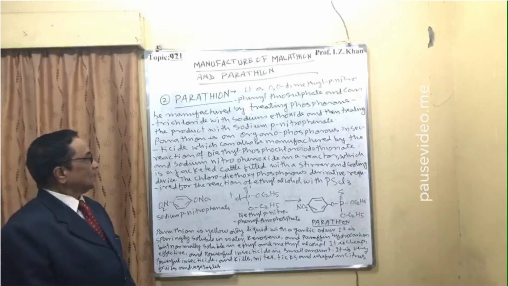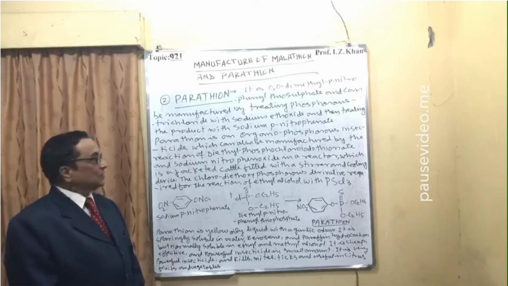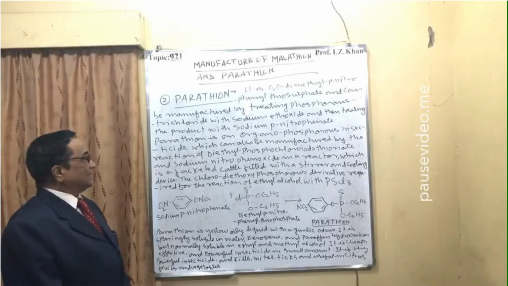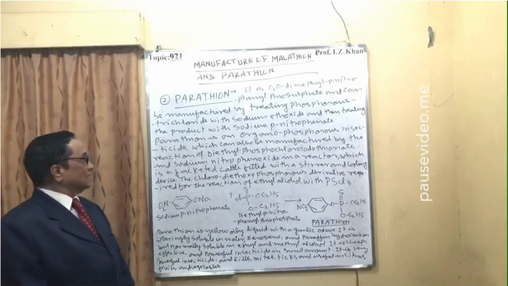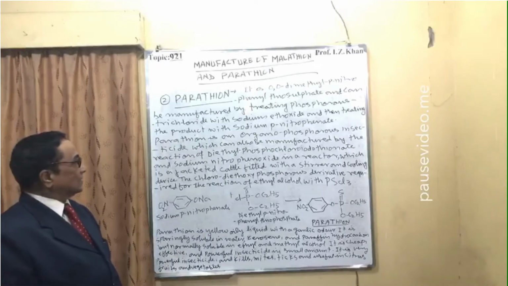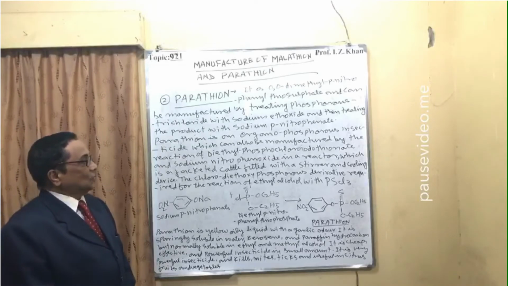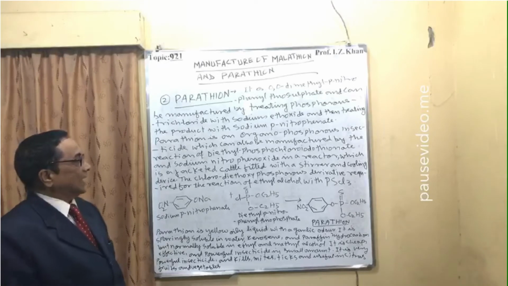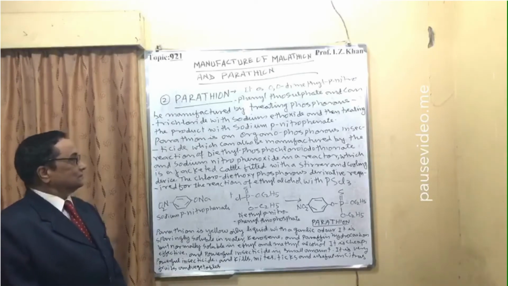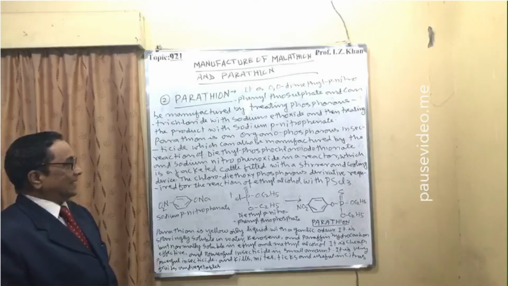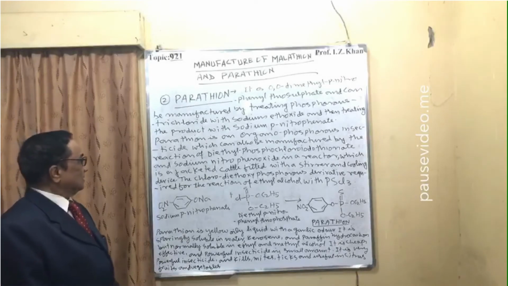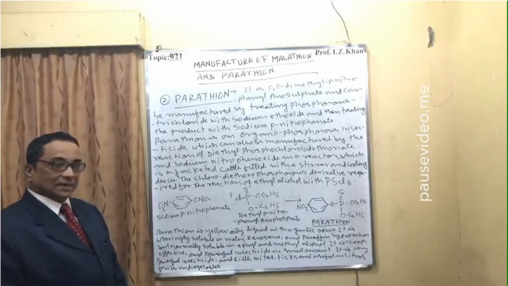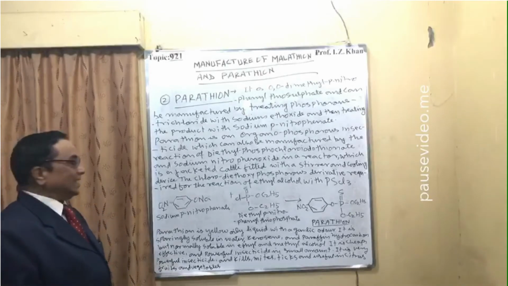Parathion is an organophosphorus insecticide which can also be manufactured by the reaction of diethyl phosphochlorothionate and sodium nitrophenoxide in a reactor, which is a jacketed kettle fitted with a stirrer and cooling device.